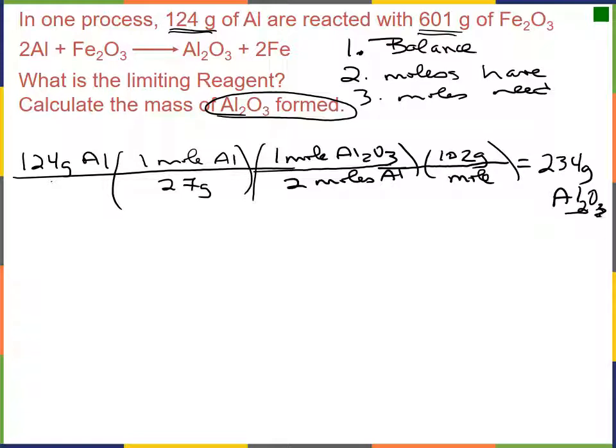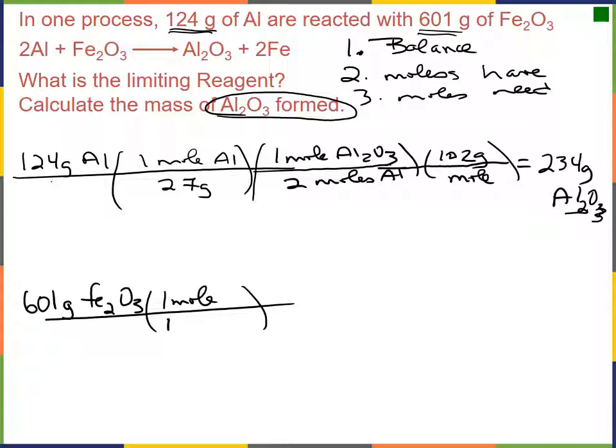But we have 2 reagents. We have to figure out which one is going to run out first. So we're going to do the same problem, but instead of starting with aluminum, we're going to start out with the iron(III) oxide. And when we do this, we're going to get the molar mass of iron oxide, and the molar mass of this is 1 mole for every 159.7 grams.